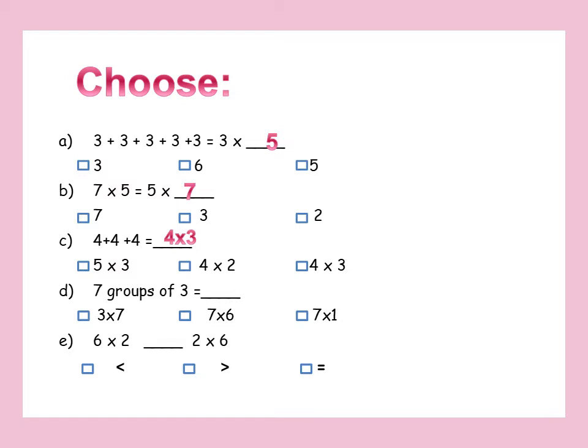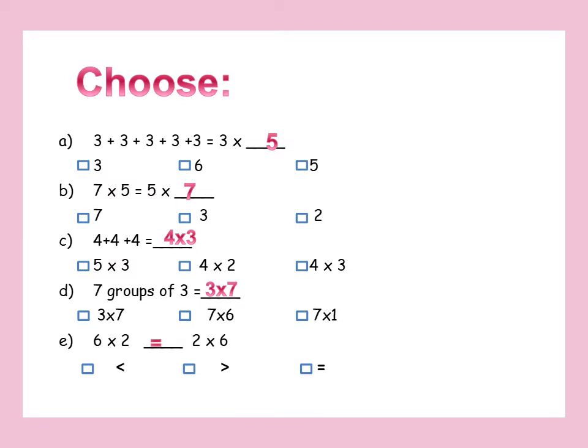Excellent. Okay, the next one. If we have 7 groups of 3, so it will be what? 3 by 7, or 7 by 6, or 7 by 1? It will be 3 by 7. Excellent. And the last choose here, 6 by 2, greater or smaller or equal to 2 by 6.